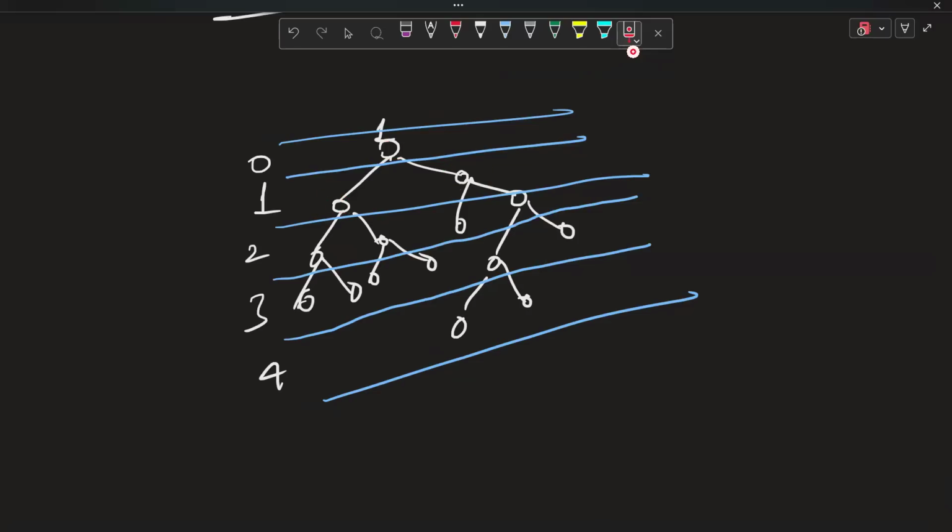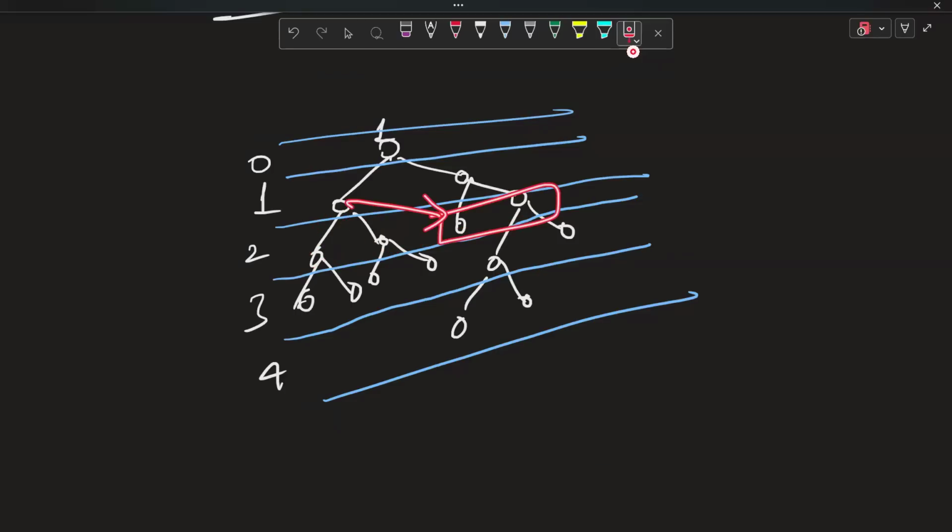But for the rest of the nodes, once we are at level 1, you can move to any node in the next level which is not adjacent to this node. In this level there are 4 nodes. Among them, these 2 nodes are adjacent, so you cannot move to them, but you can move to these 2 nodes from here.